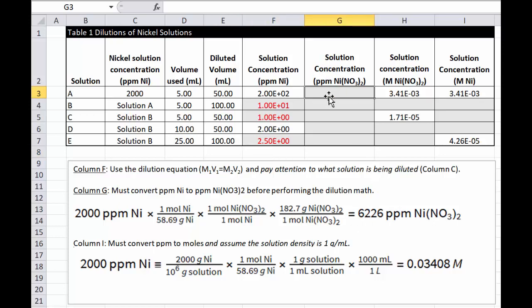And we will go ahead and just type that in right here, 6226 times that divided by that. And there we are, 623. Again, this was a tenfold dilution from 2000 to 200, and we do see this is a tenfold dilution, so it seems to be making sense.